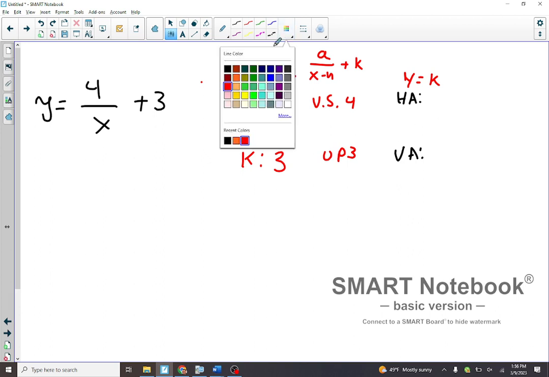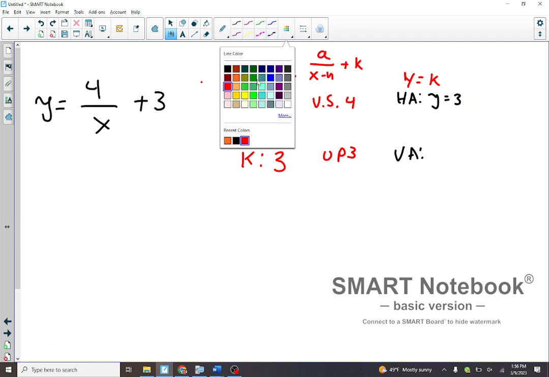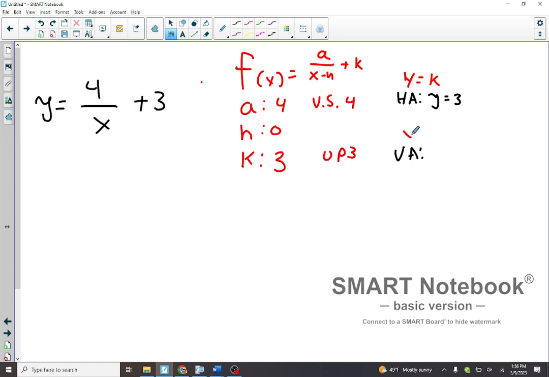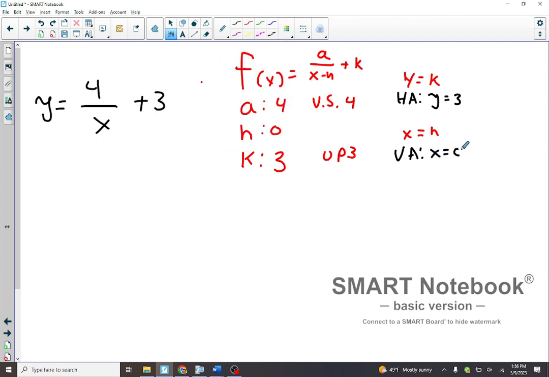So in this example, your horizontal asymptote is y equals 3. The vertical asymptote will be x equals your h value. In this example, your vertical asymptote is at x equals 0.